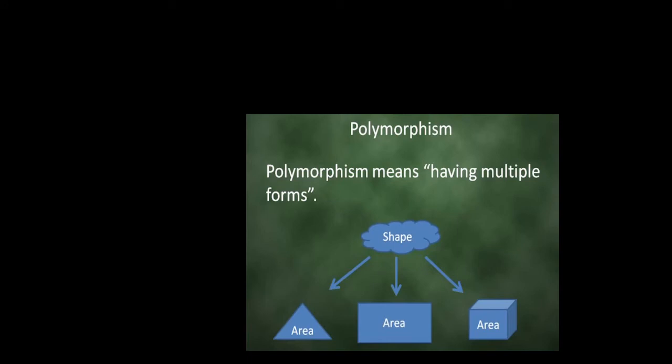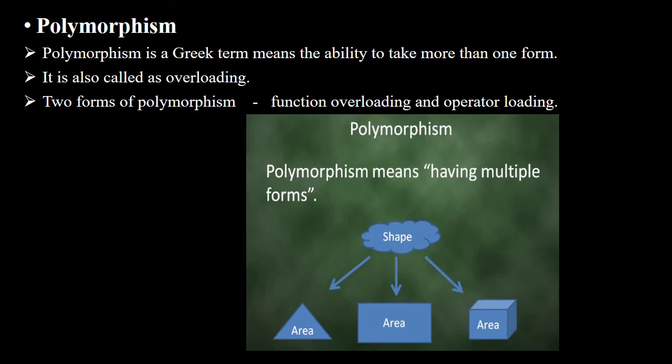Another core concept of OOP is polymorphism. It is a Greek term, meaning the ability to take more than one form. It is also termed as overloading. There are two types of polymorphism. One is function overloading and the other one is operator overloading.